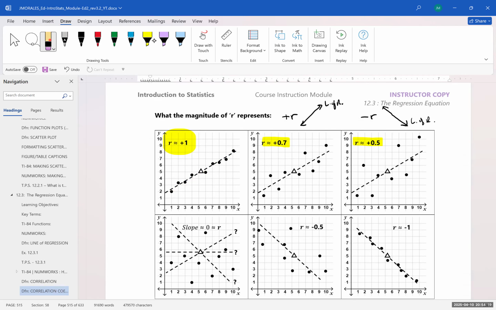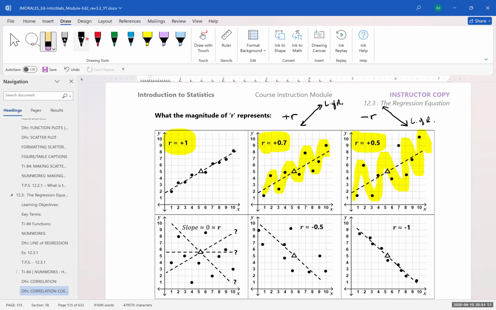As soon as the correlation coefficient starts to go towards 0, there's a little more scattering around the line of regression. And as it goes even closer to 0, the scattering increases to the point when you get a correlation coefficient of 0, and now there's no clear pattern at all.